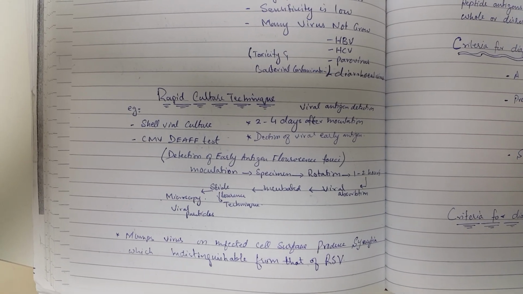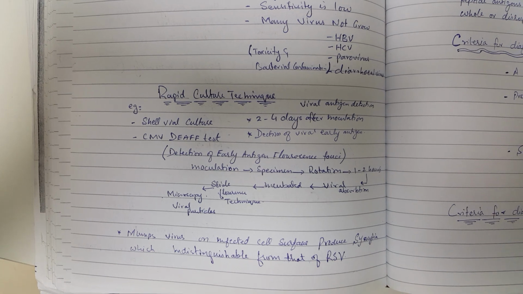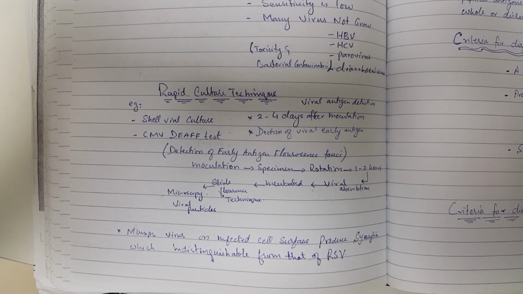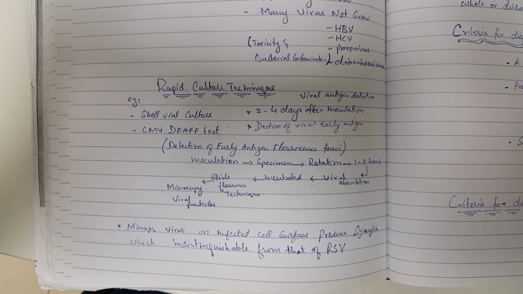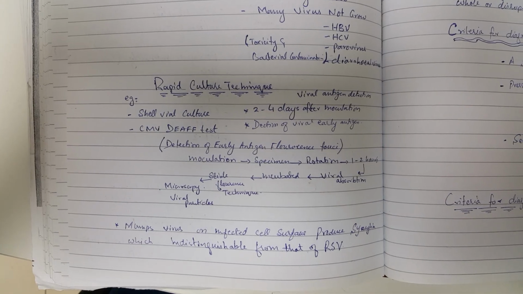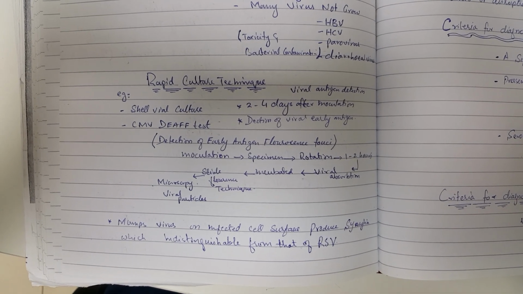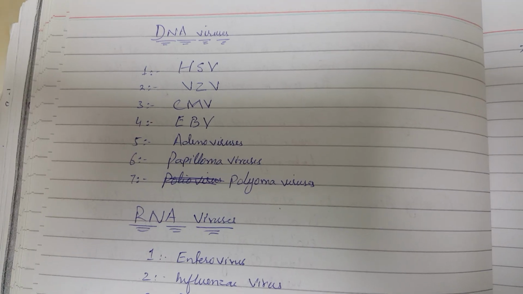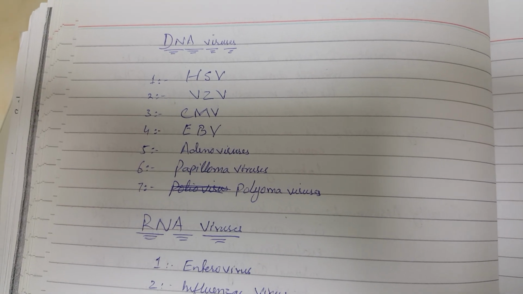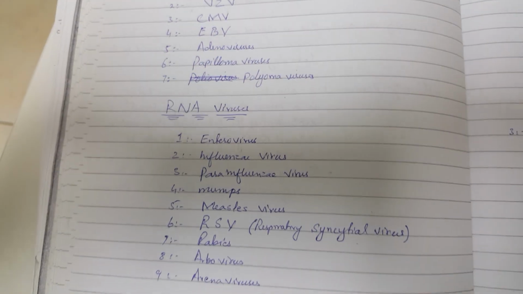Mumps viruses on infected cell surfaces produce syncytia, which are indistinguishable from those of respiratory syncytial viruses. Further, there is an explanation for the DNA viruses and RNA viruses.